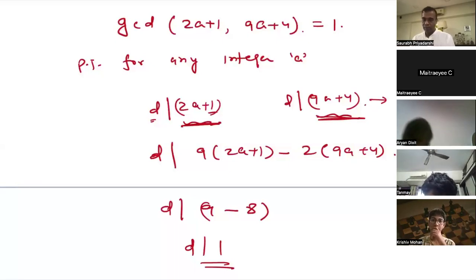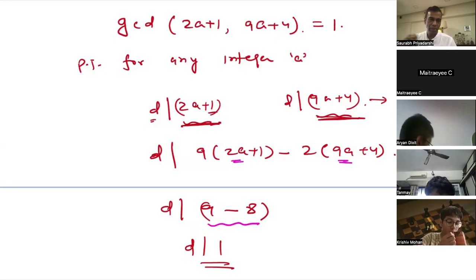Now, my work is I want to cancel out this A. So what number do I have to multiply to both, or subtract, so I get a numerical value? Then I'll be able to say that D is divisible by that number.